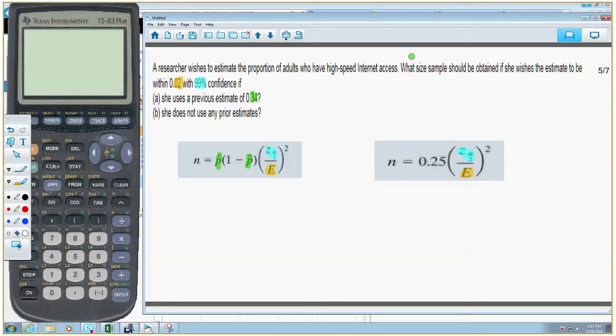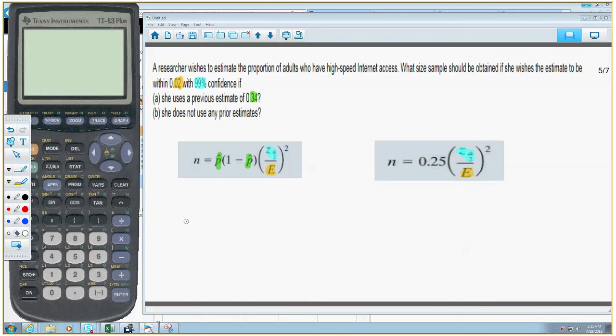What I'm trying to show y'all is, do you have everything you need? Yes. I do not give you questions on a test that do not give you everything you need. This formula is telling you what to do. Yes, ma'am, 1 minus p hat is q hat.